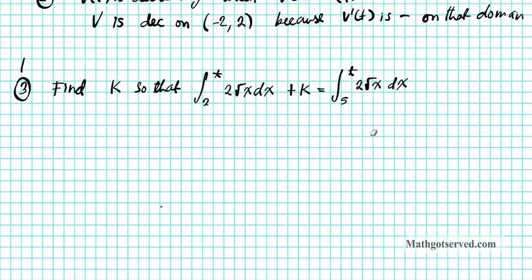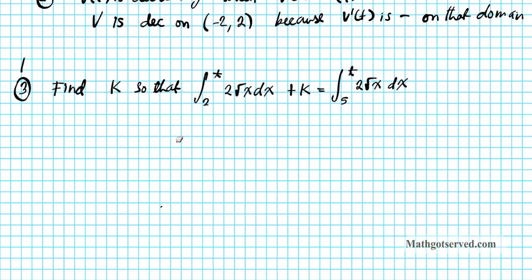Okay, so in order to do this, we have to look for a way to isolate k and combine these two integrals into one if possible. Notice they have a similar limit of integration. So if they have a similar limit of integration, then it's possible for us to combine them. So what I'm going to do is move this integral to the left.